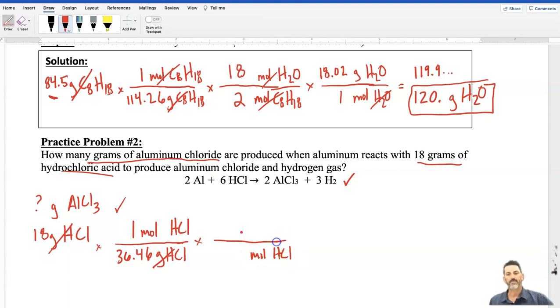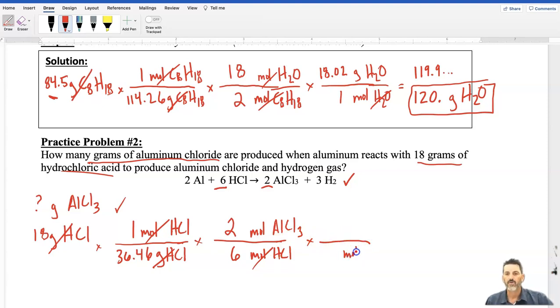So this next step is right off the balanced equation. So moles of HCl, and I want to get to aluminum chloride, so I'm going to go moles of aluminum chloride. Now I'm going to go to the balanced equation. 6 moles of HCl is going to give me 2 moles of AlCl3. Cancel the units. Now I'm at moles of AlCl3.